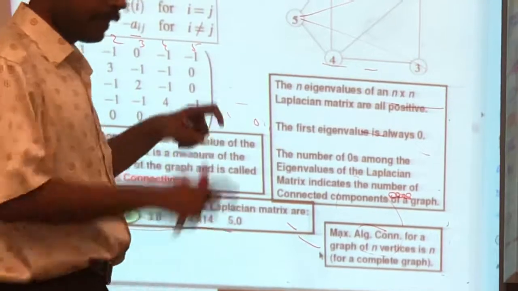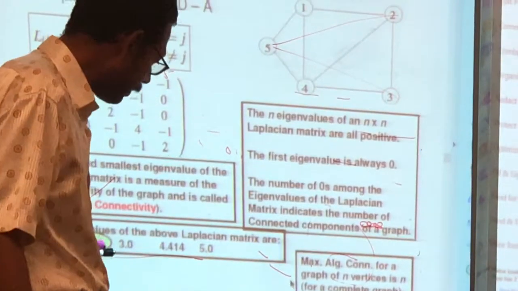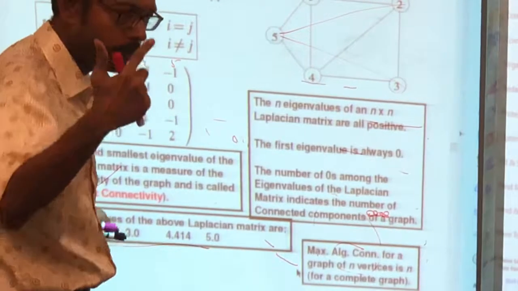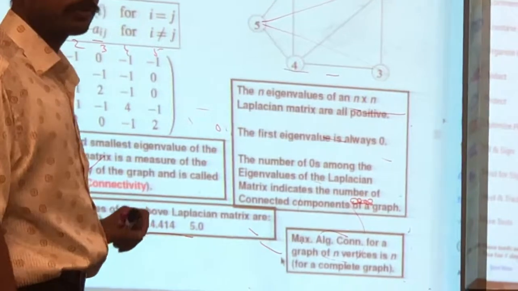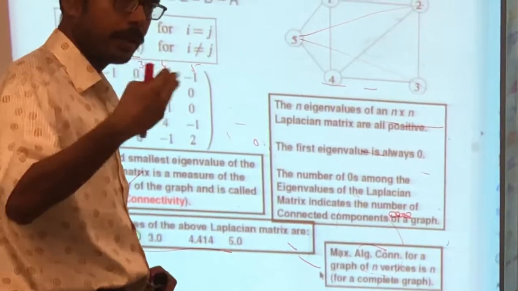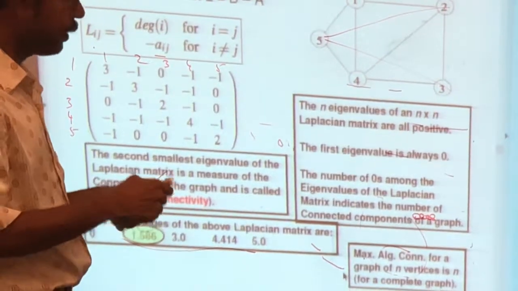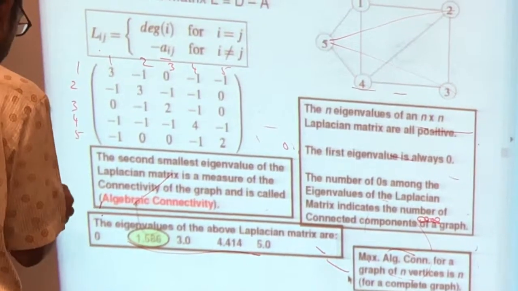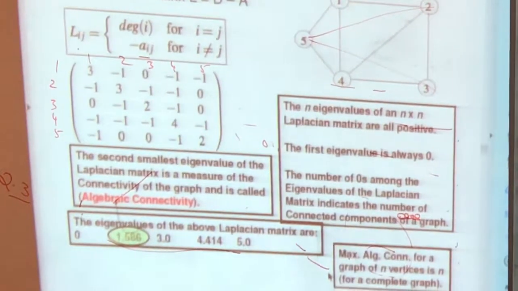So if the graph was completely connected, a complete graph, then the smallest eigenvalue could also go all the way up to 5. But it didn't go all the way to 5, it was 1.586. So that gives you an idea of how well connected the graph is. If for some other graph of 5 vertices, the algebraic connectivity came out to be 2.3, you can have a comparison of the numbers.